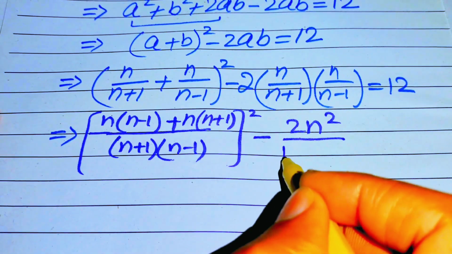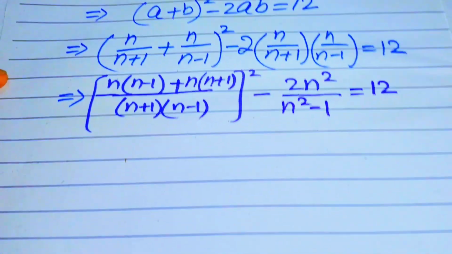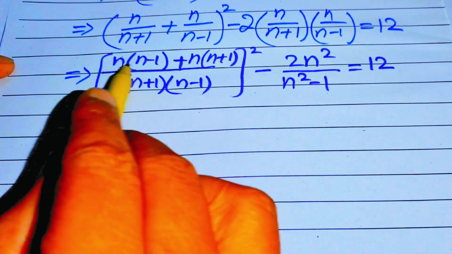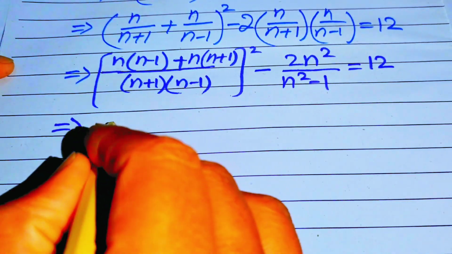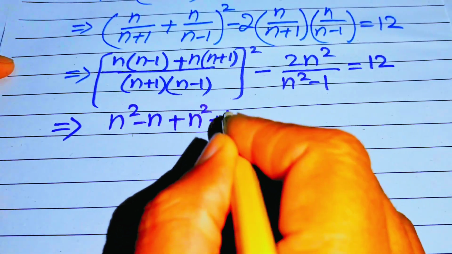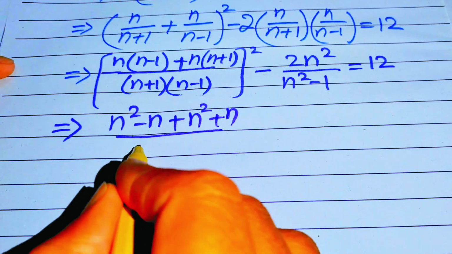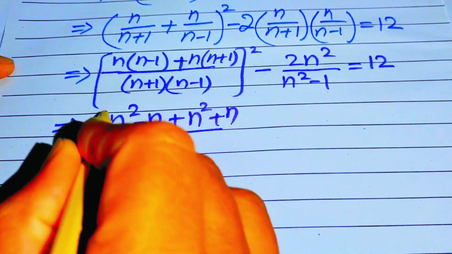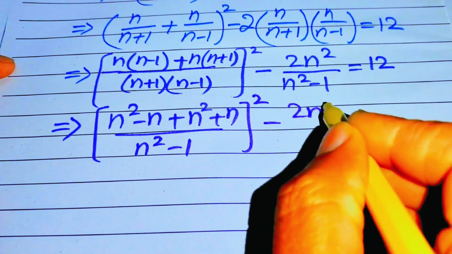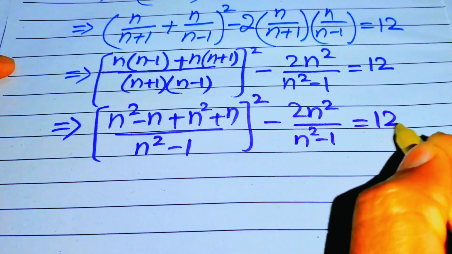So this expression will become n square minus 1 equals 12. Now we simplify this term, and we multiply the n on both of the terms, and we get (n square minus n plus n square plus n) divided by (n plus 1 times n minus 1), and it is equal to (n square minus 1) whole square minus 2 times n square divided by n square minus 1 equals 12.